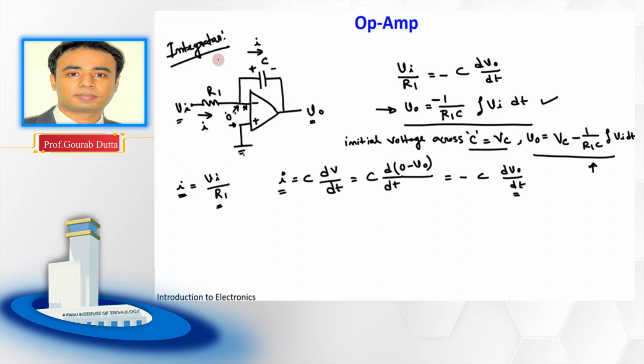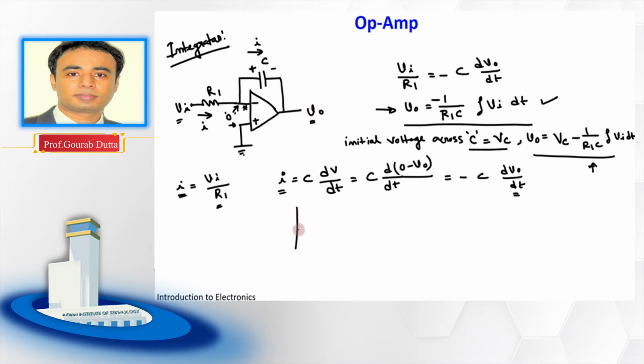Now, if you have understood this calculation, then tell me, suppose we have applied Vi equal to 1 volt, constant, okay, 1 volt. So if this input is 1 volt, then what will be the output voltage? Can you tell me?